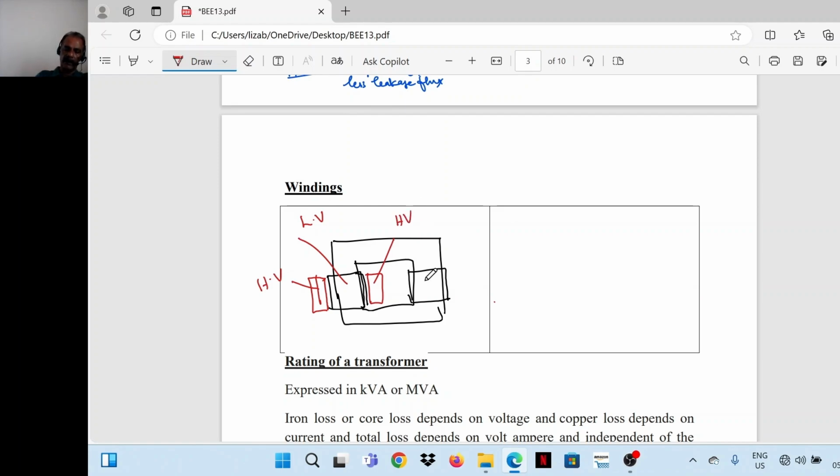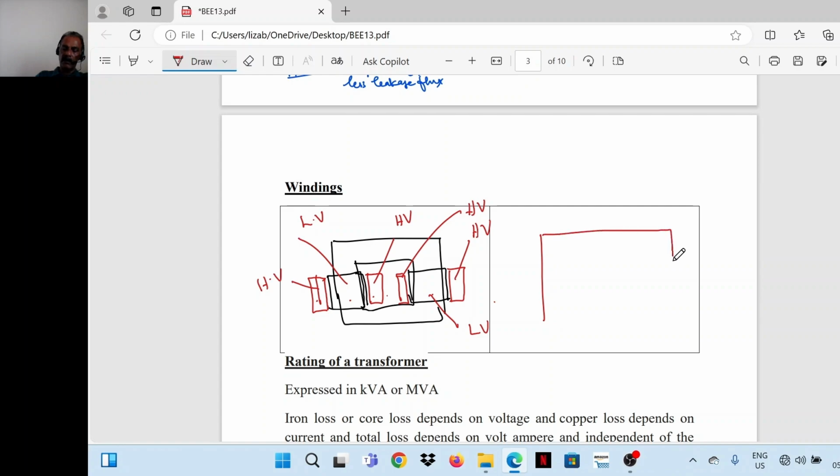LV winding is next to the core and HV winding surrounds the LV winding. Half of the LV is put on one limb, the remaining half of the LV on the other limb. Similarly, high voltage winding also half on one limb, the remaining half on the other limb.